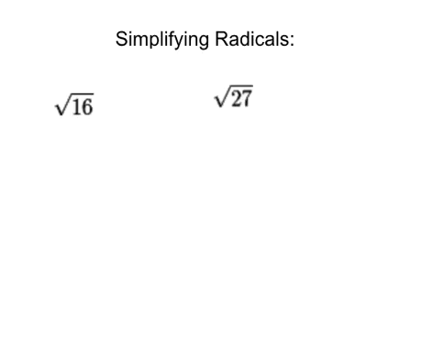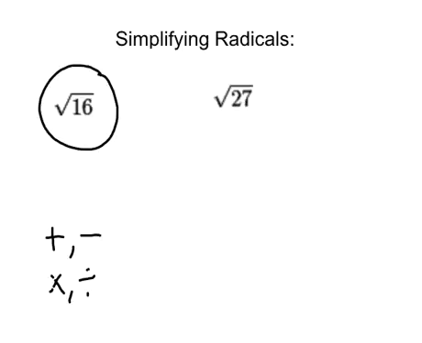So let's have a look at this radical right here. This is the square root of 16. When I look at the square root of 16, what I'm really asking myself is basically the opposite of squaring. A square root is the opposite of squaring, just like addition and subtraction are opposites, and multiplication and division are opposites.